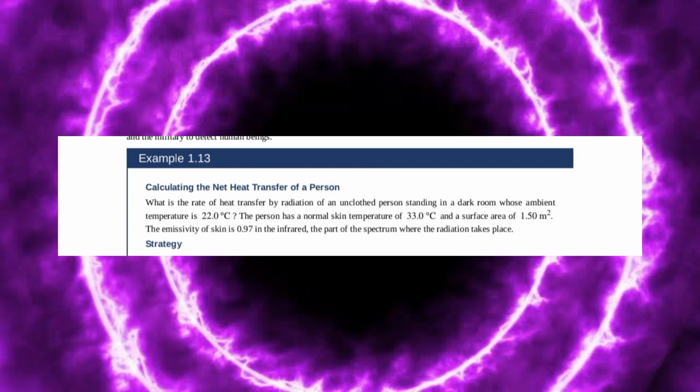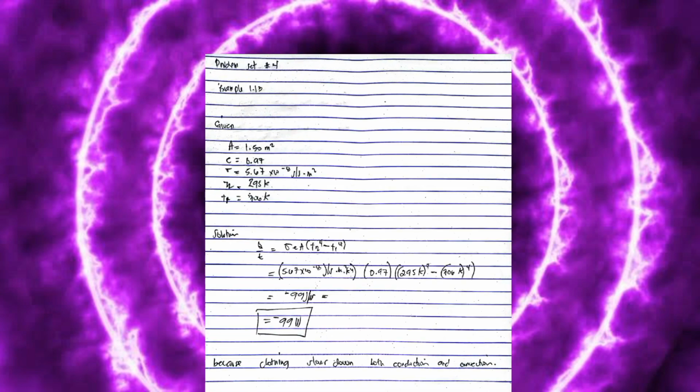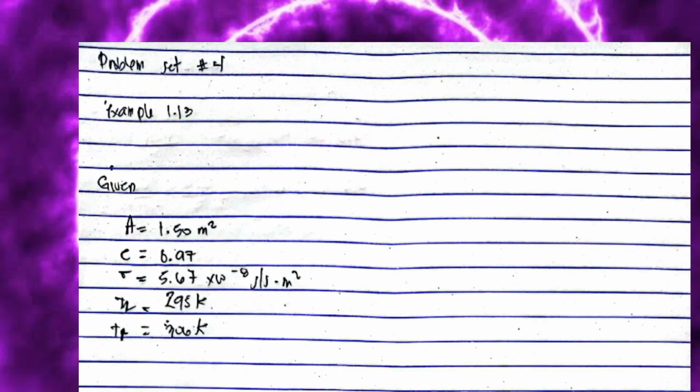The person has a normal skin temperature of 33 degrees Celsius and a surface area of 1.50 meters square. The emissivity of skin is 0.97 in the infrared, the part of the spectrum where the radiation takes place. So given is our area, 1.50 meters square, and our emissivity of skin, 0.97.